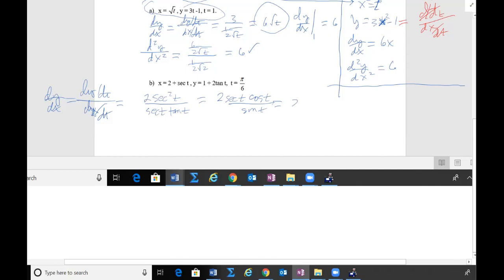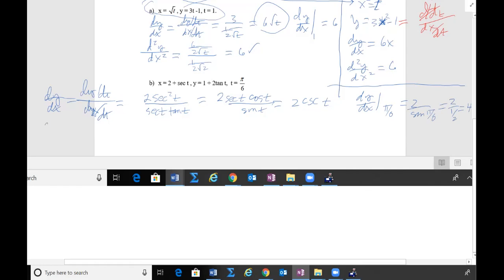Well, that's just 2 cosecant t. Now, evaluate that. Dy dx at pi over 6 is 2 over the sine of pi over 6, which is 2 over a half. That's a 4.